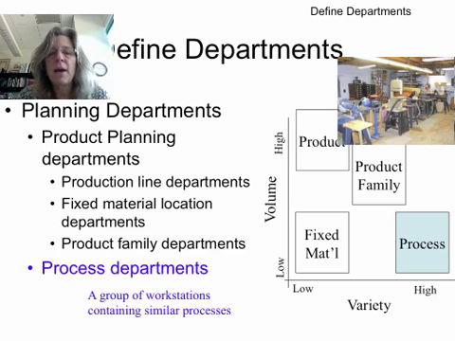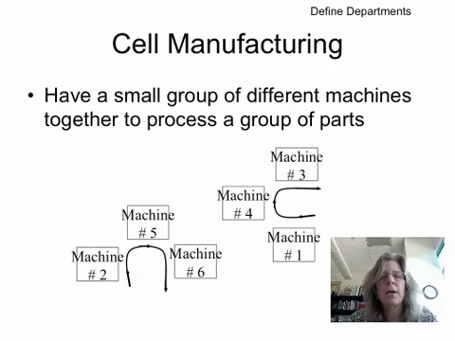This is a picture of a machine shop, because most of the time when we think of this, it's like a machine shop, a job shop. Anything like in building 41, most of those are process planning departments. Those departments are made that way. So we're going to now shift a little bit and look at the product family, particularly in cell manufacturing.